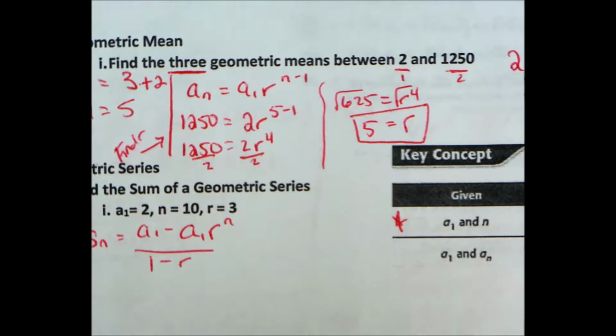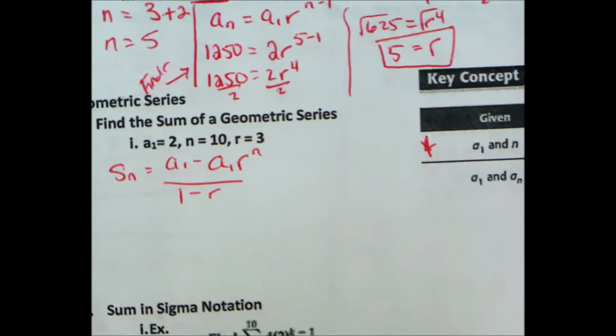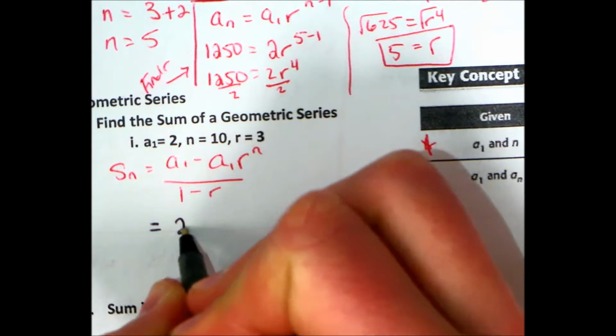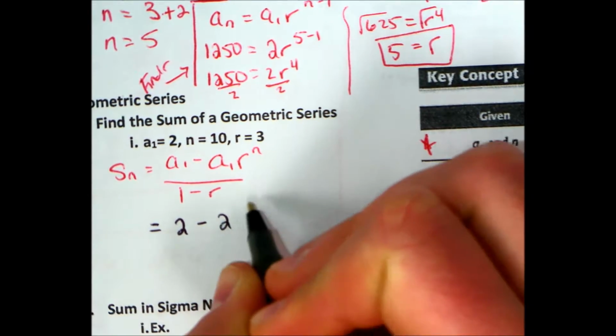But now we have the first term, so we're going to plug the first term in. So you have 2 minus 2 times 3 to the 10th, all divided by 1 minus 3.